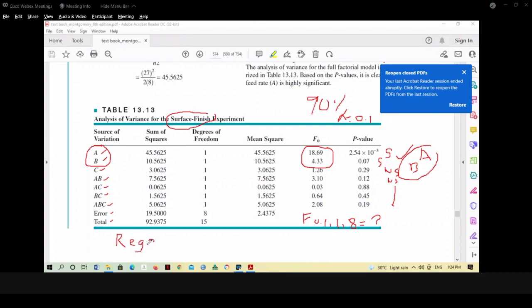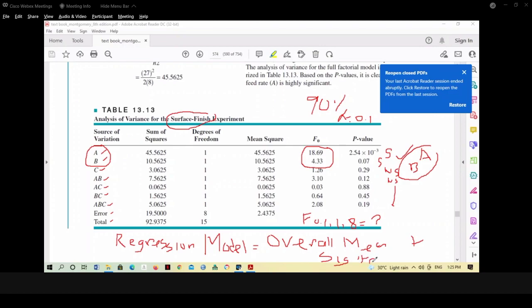The regression model is equal to the overall mean plus the significant factors.